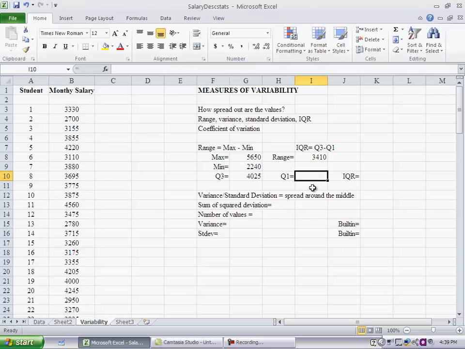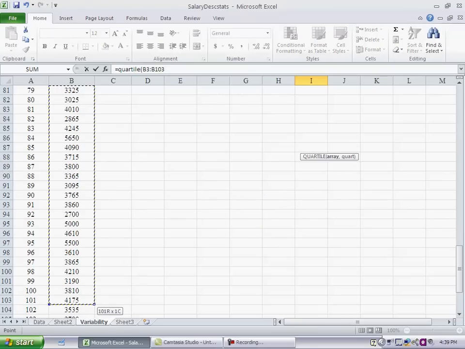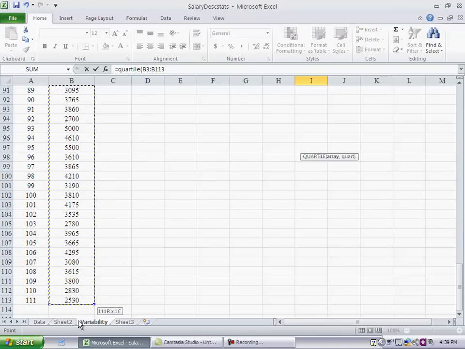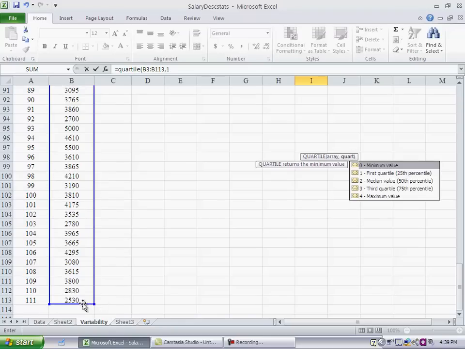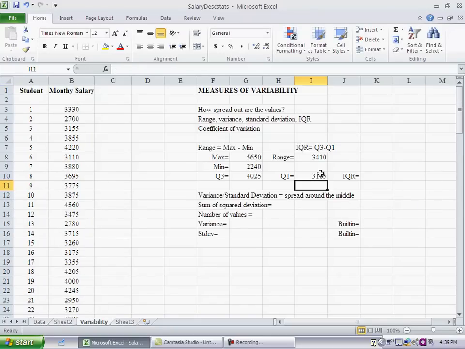And now I will compute the first quartile, so equal to quartile, comma 1, because I want the first quartile. So there you have the first quartile, there's the third quartile. The difference between the two, third minus the first, is $860, a measure of the spread. So you can see it's very different from the range.